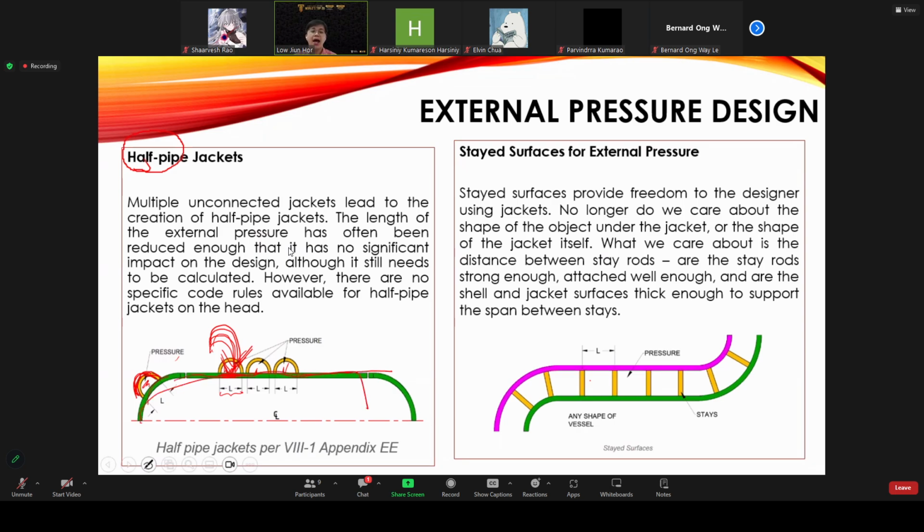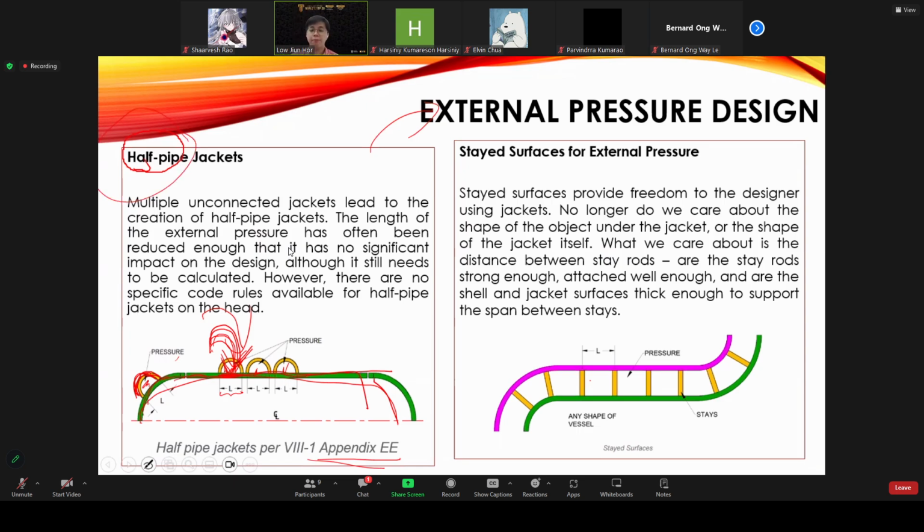Okay, and if let's say you are using the half pipe jacket to supply or remove the heat energy, and you want to determine the thickness that you are going to design for the pressure vessel to withstand the external pressure, then in that case you can refer to the standard. Inside the standard, they provide us the equation or the method for how we can determine the thickness if we are using a half pipe jacket.